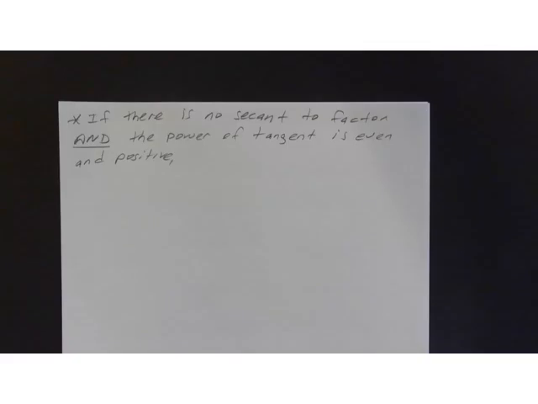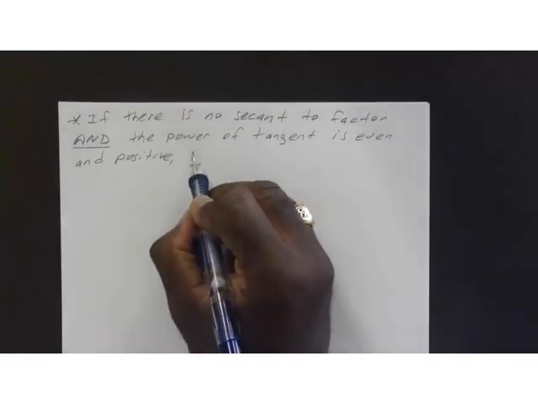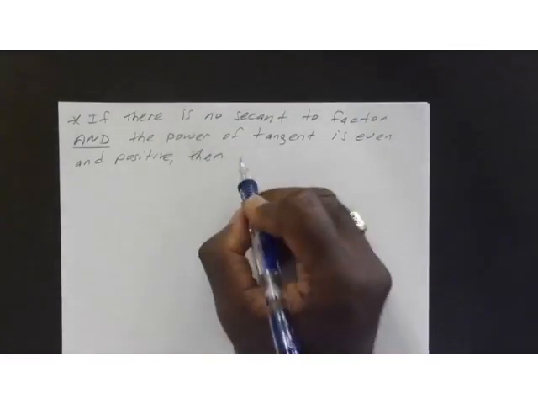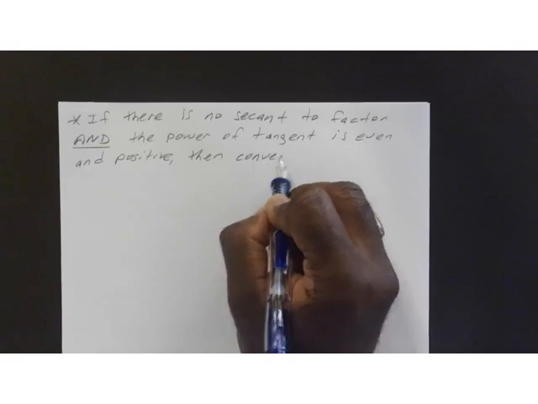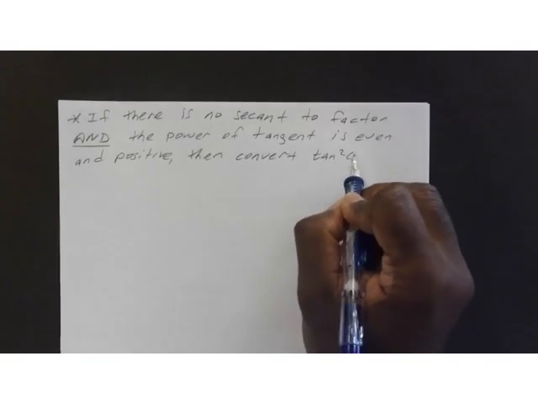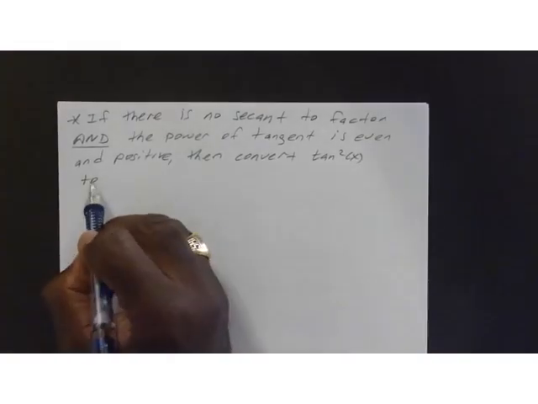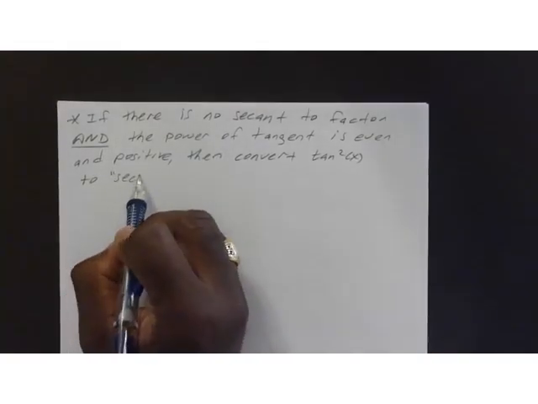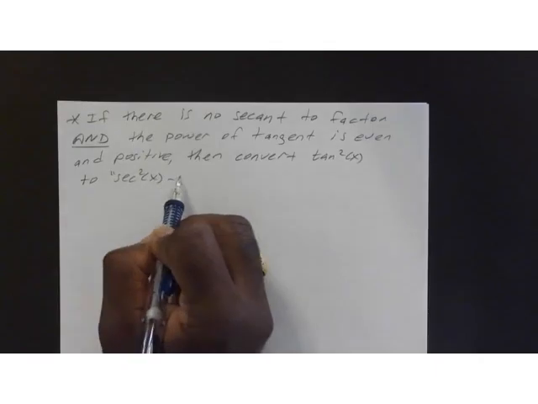Then you're just going to convert one of those tangents squared to secant squared minus 1. Secant squared of x minus 1.